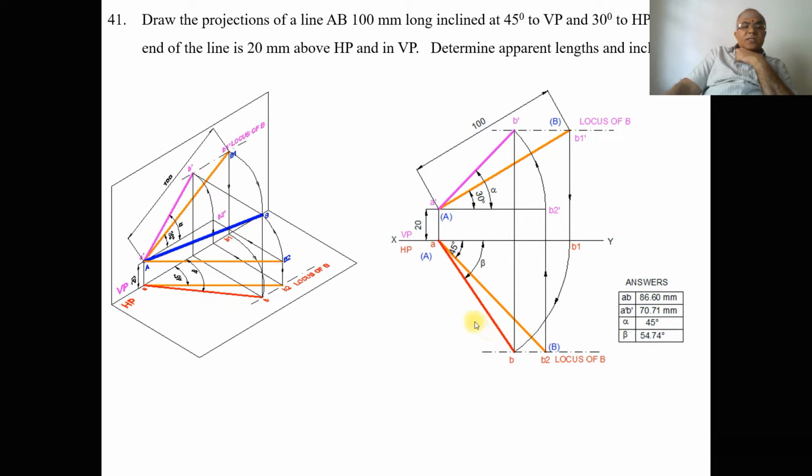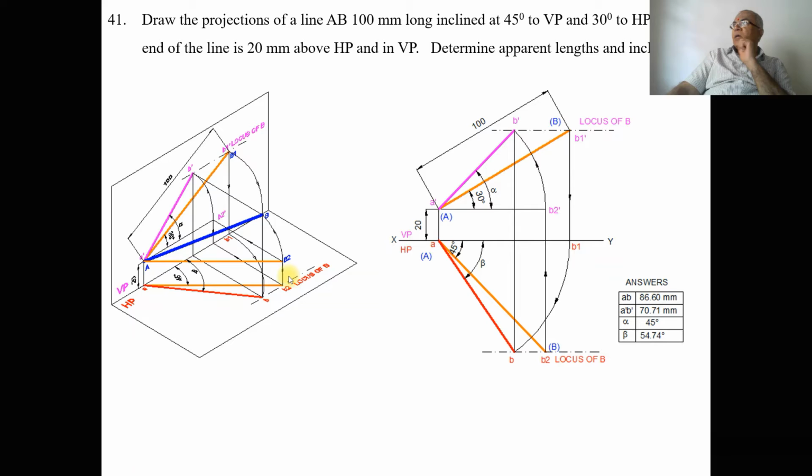Now I want to find out the top view. So with capital A as center, you take the radius AB1 and rotate it such that B1 will cut the locus of B in the top view.